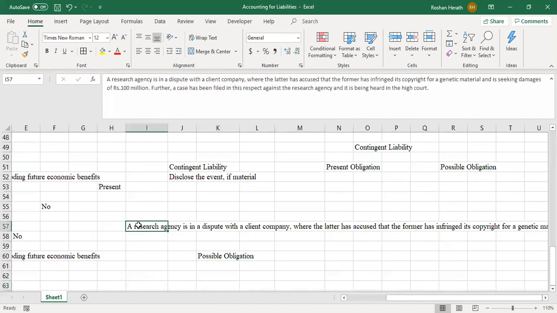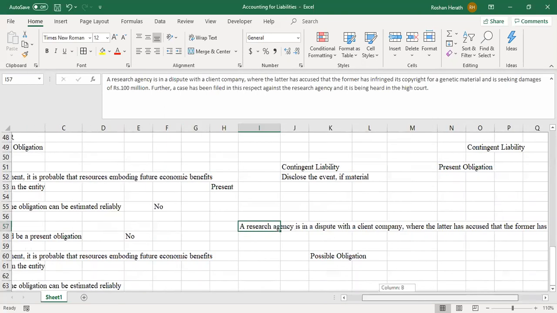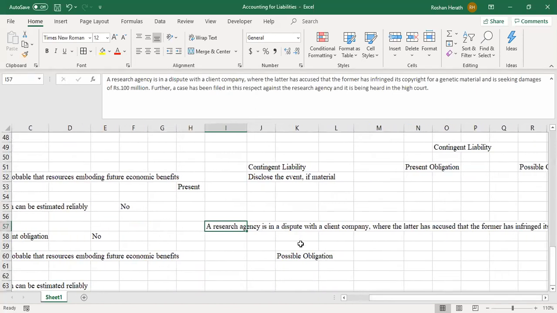So sometimes the court may decide that you are guilty. If the court finds that you are guilty, yes, there can be a present obligation. But at the moment, the case may be at a very early stage. So at the moment, you can see that there's a possible obligation. If it is a possible obligation, it is for sure a contingent liability.